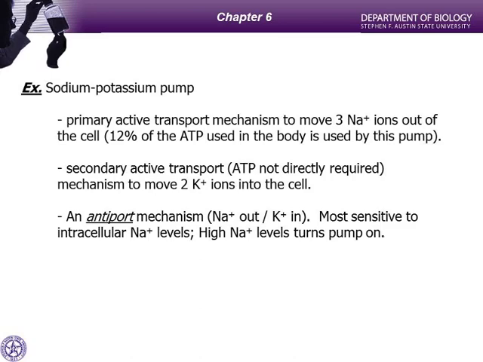In fact, there are so many sodium-potassium pumps in your body, active transport pumps that use energy, that 12% of the ATP used in your body every day is used by the sodium-potassium pumps. That's a ton. So we're going to learn this, and we're going to learn it very, very well.